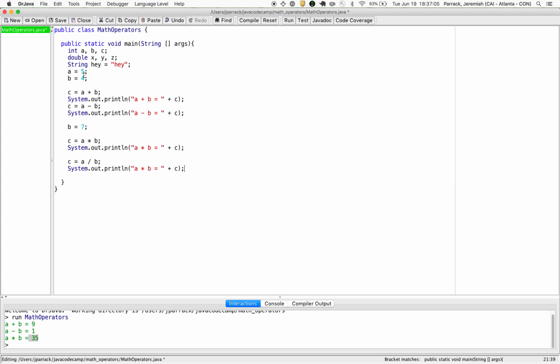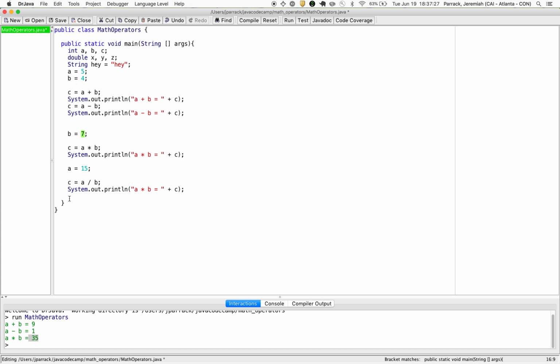Let's say A equals 15. Awesome. So now A equals 15 and B equals 7.